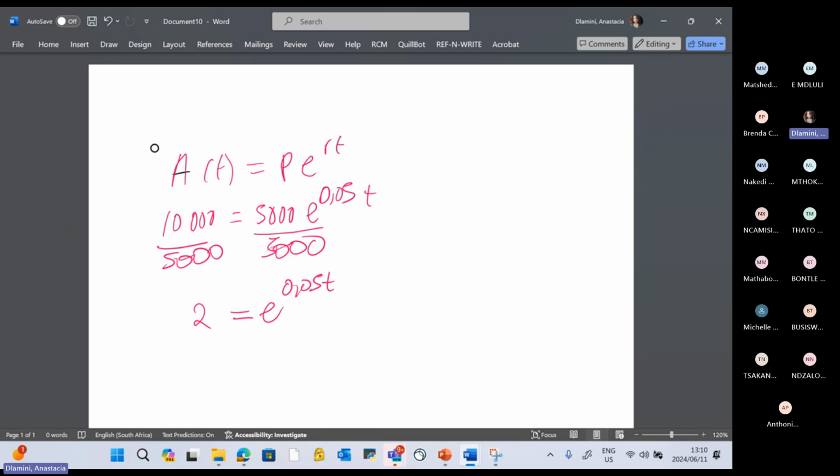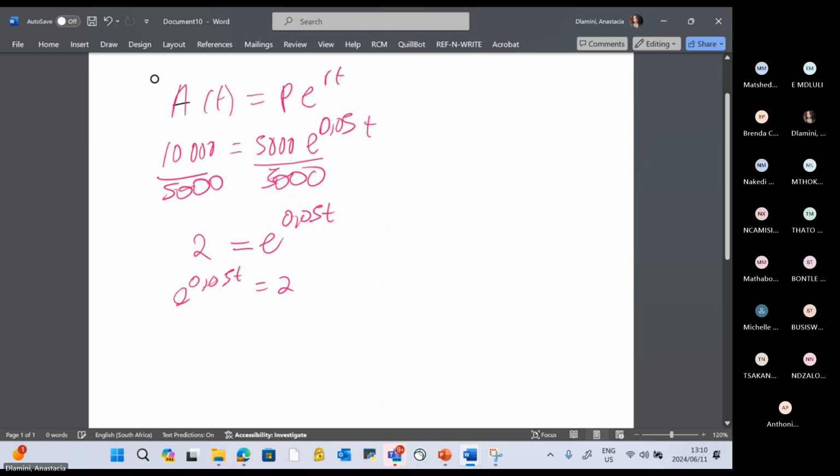Now my issue is, I like saying a equals b, therefore b equals a. I just like doing this, meaning that I like writing whatever I need on the left hand side. So 0.05t is equal to 2. Remember what I said, if you want to remove the e and you want to solve for the power of e, what do you do?